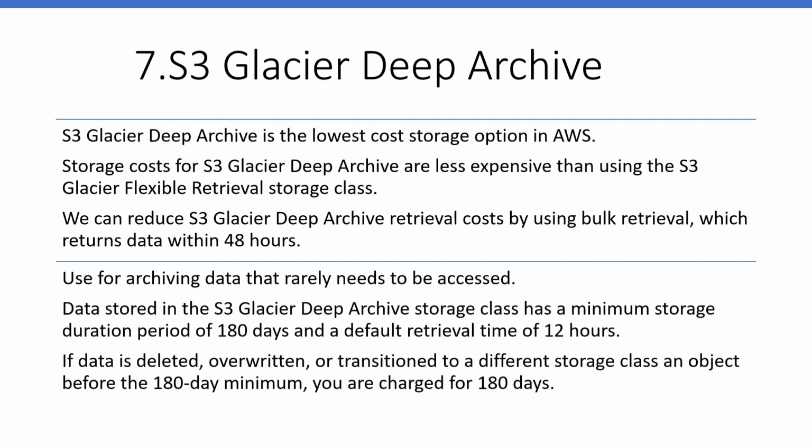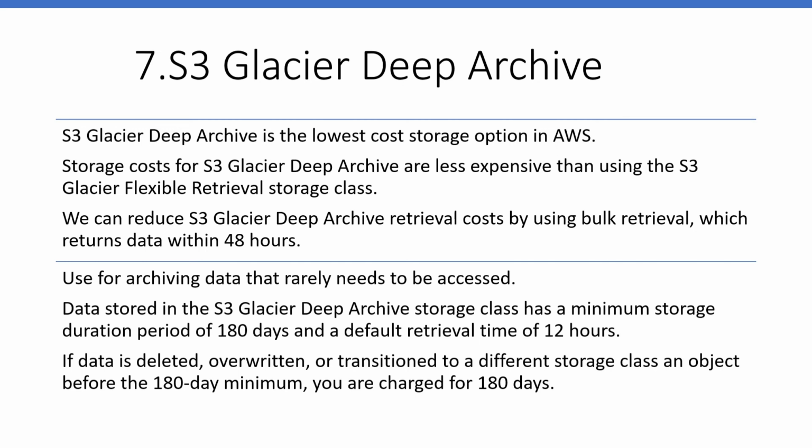Say we are not very sure about the data access pattern, like sometimes it is required very fast, or sometimes it is not required at all and can be kept for infrequent access.